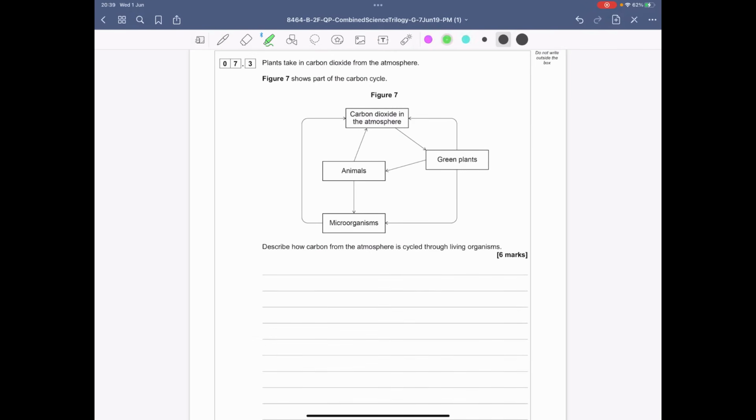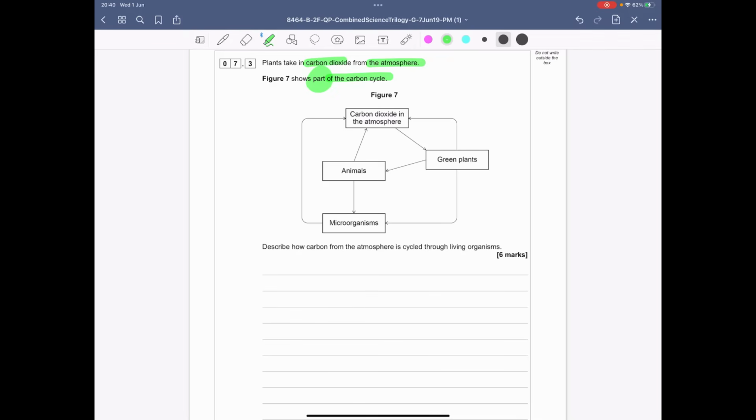Question 7.3. Plants take in carbon dioxide from the atmosphere. Figure 7 shows part of the carbon cycle, and you've got the diagram here. The key part of this question says part of the carbon cycle. Describe how carbon from the atmosphere is cycled through living organisms.